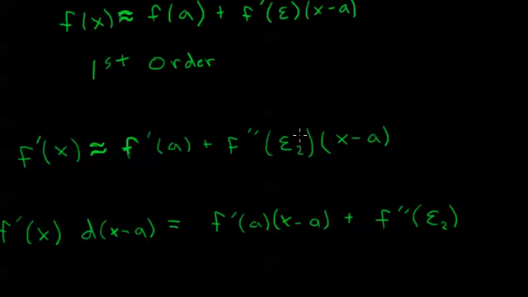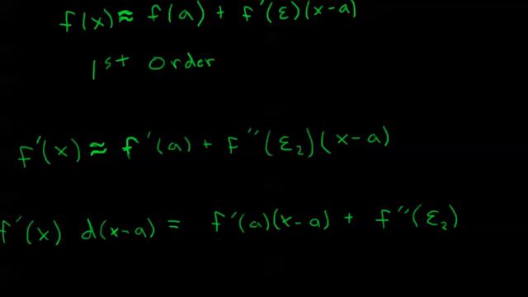Since this is a constant function, it's just evaluated at epsilon already, so the integral doesn't affect this. Then we'll integrate x minus a squared d(x minus a). So really I've just made a u substitution, but written it inside here.